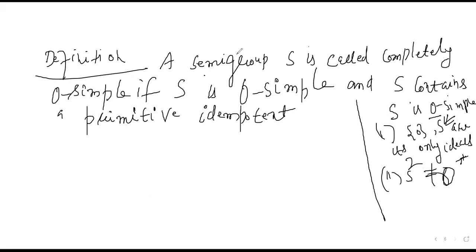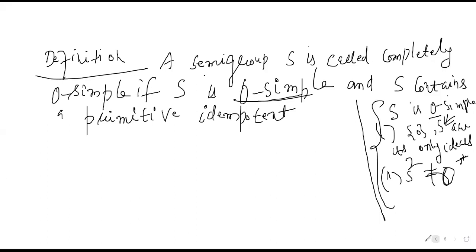तो we say that a semigroup S is completely zero simple if S is zero simple, means S की ये दोनों प्रॉपर्टीज होंगी, and S contains a primitive idempotent.